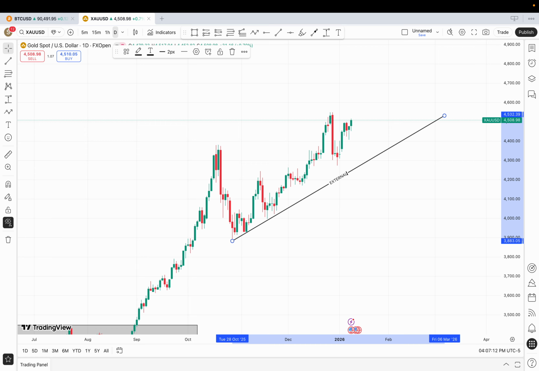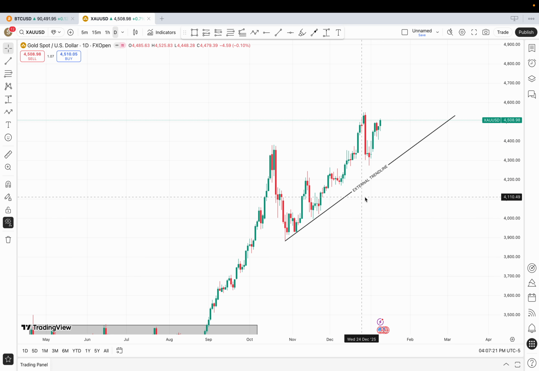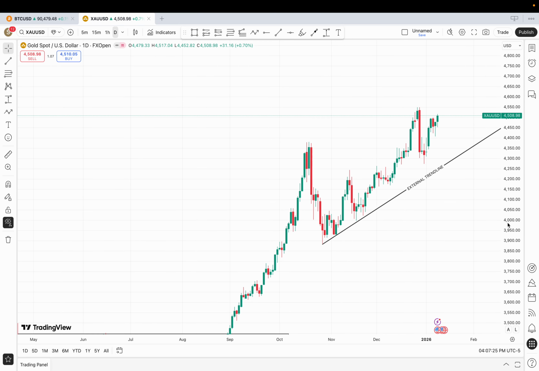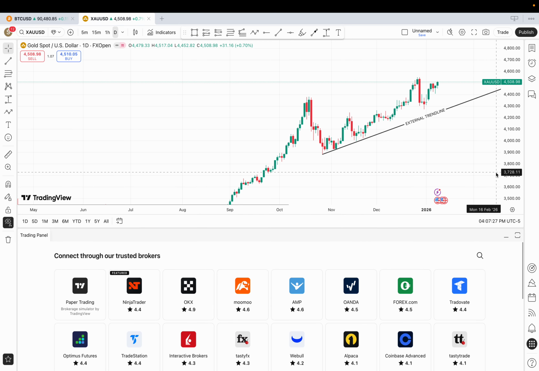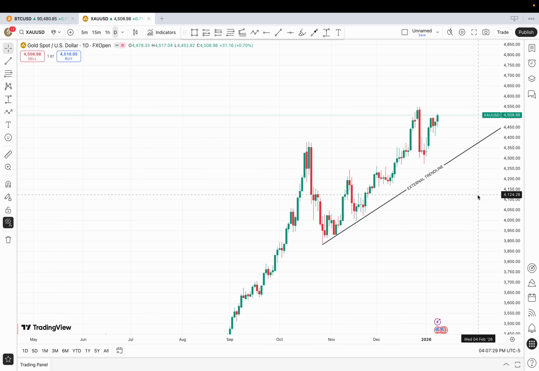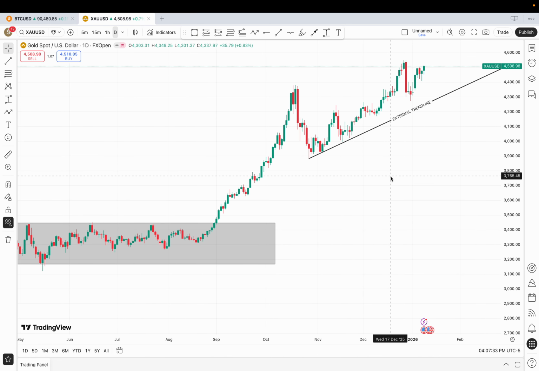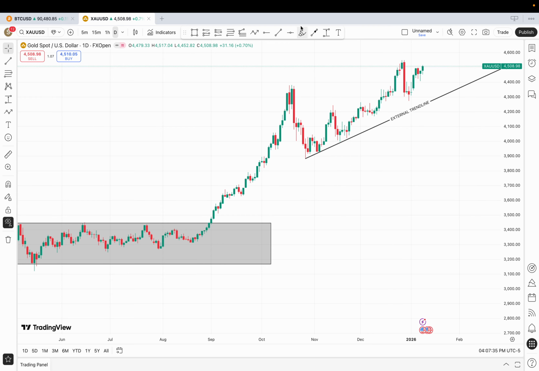How are we going to know the daily too is bullish? By looking at the structure. Based on that, after it broke the structure in the daily time frame, the market was forming a higher high, higher low, higher high, higher low. This is how you mark it.